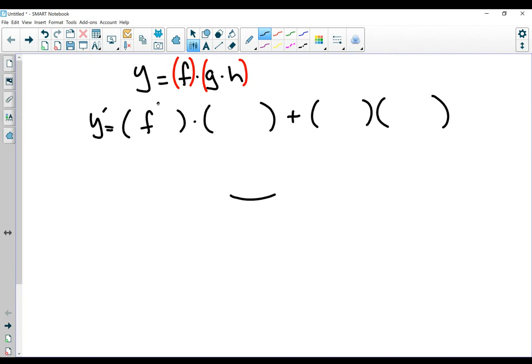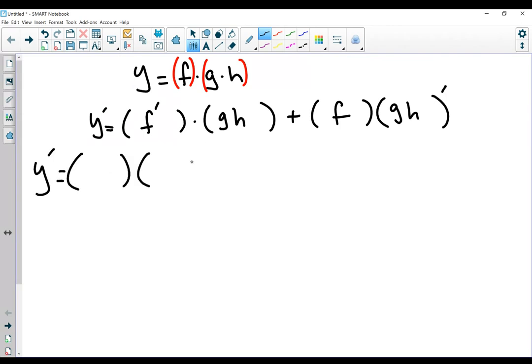You start with f prime times normal gh. Here you have normal f, and then times the derivative of gh, and I'll just write it like that. You still have four parentheses. I'm just sliding these over.